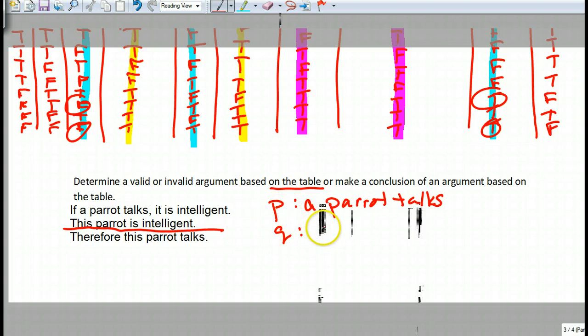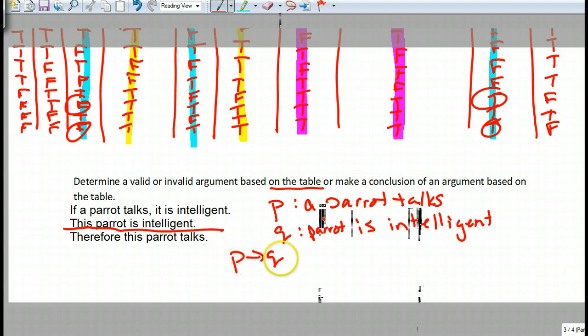Q, parrot is intelligent. So the argument is this, P then Q, it's an if-then statement. It says the parrot is intelligent, so that would be a Q, therefore P.